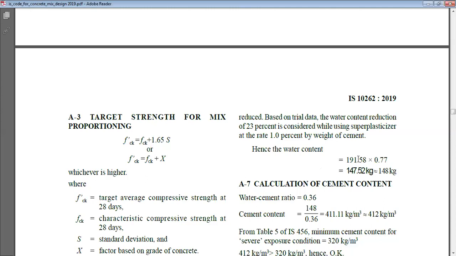We are reducing the water by 23%, hence how much water do you need to add? 100 minus 23 becomes 77. 77% of 191.58 is the water content we need to add. That becomes 147.52, or approximately 148 kg of water you need to add into the mix proportions.